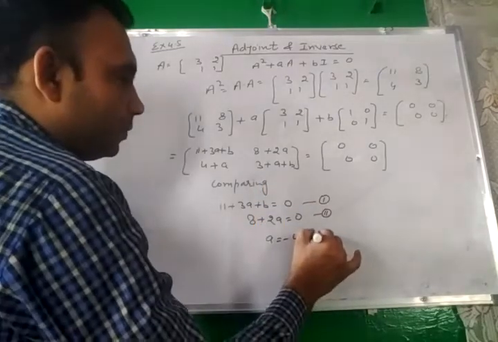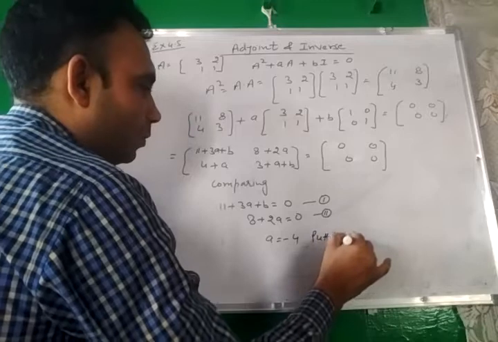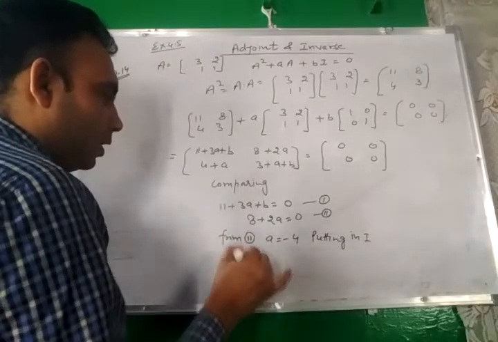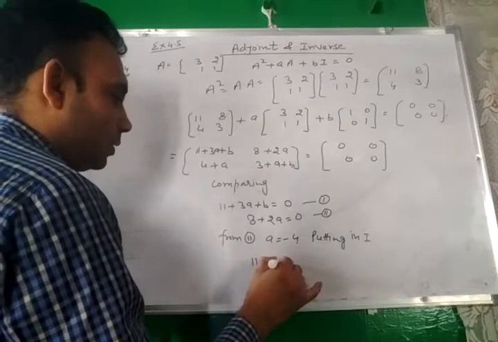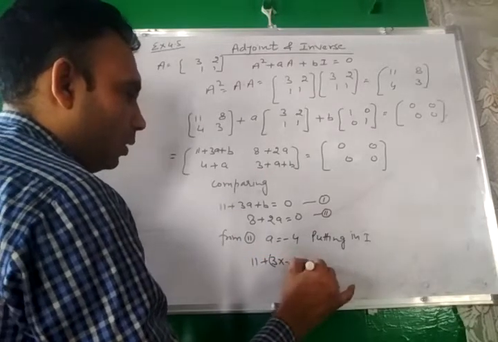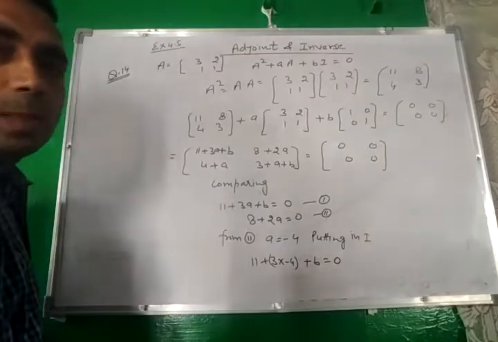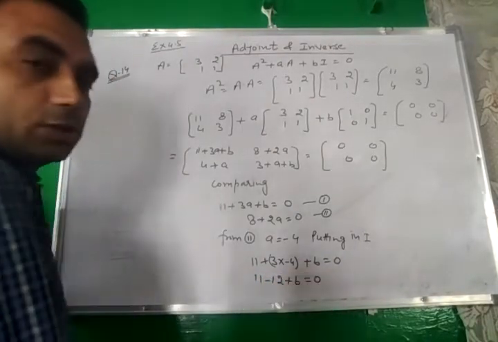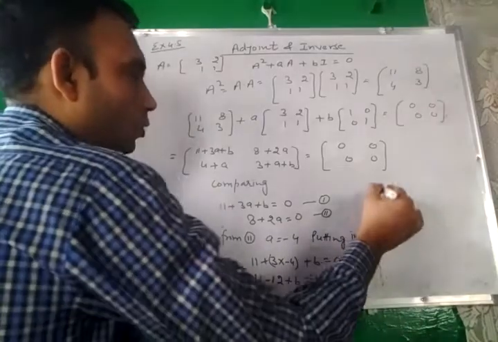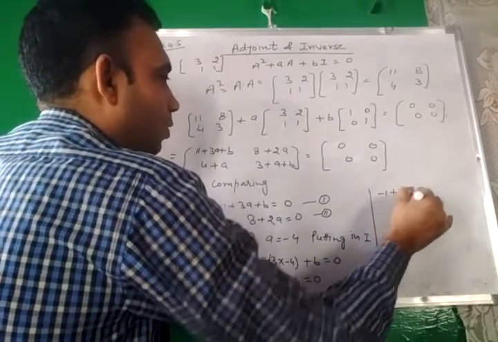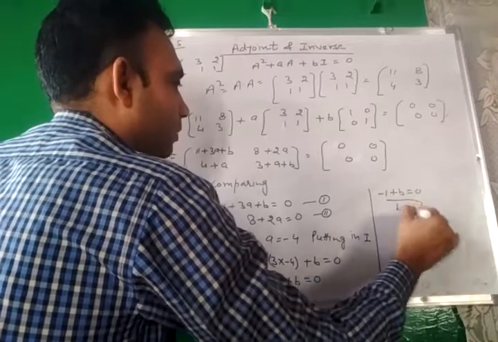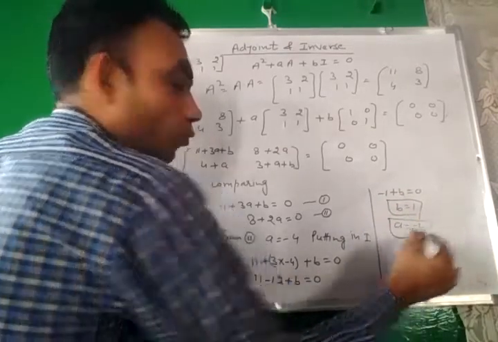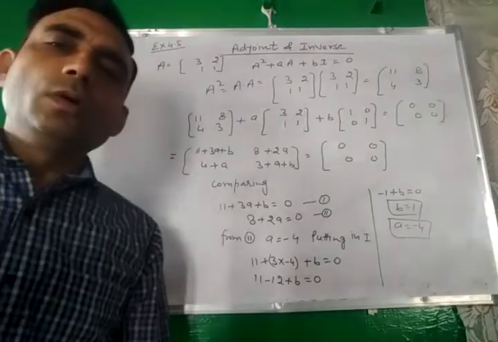Putting in first, 11 plus 3 into minus 4 plus b is equal to 0. So 11 minus 12 plus b is equal to 0, minus 1 plus b is equal to 0, which implies b is equal to 1. So b is equal to 1 and a is equal to minus 4.